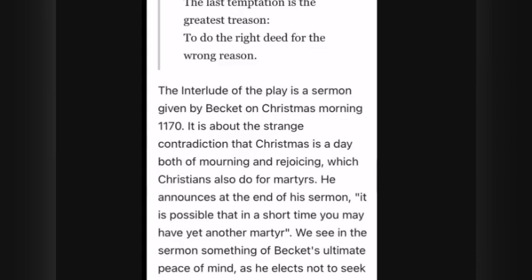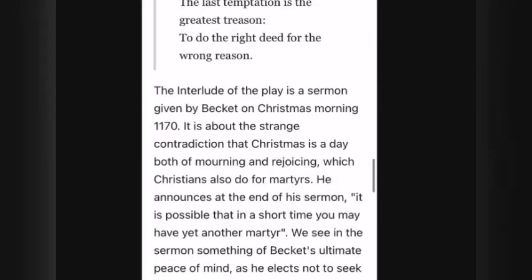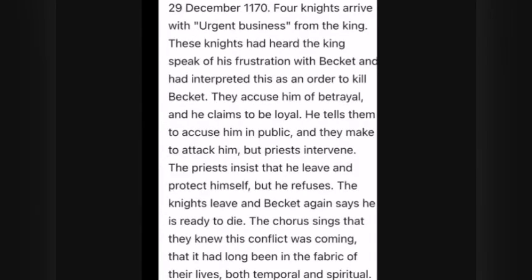He announces at the end of his sermon, it is possible that in a short time you may have yet another martyr. We see in the sermon something of Becket's ultimate peace of mind as he elects not to seek sainthood, but to accept his death as inevitable and part of a better whole.